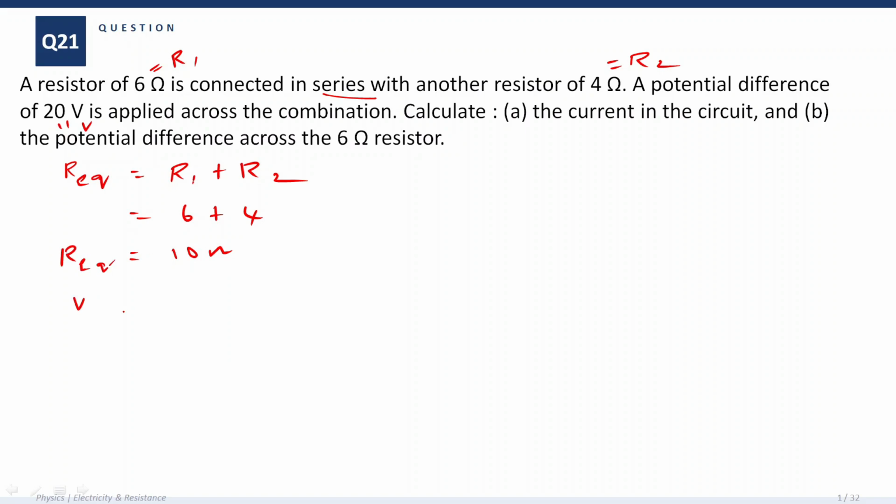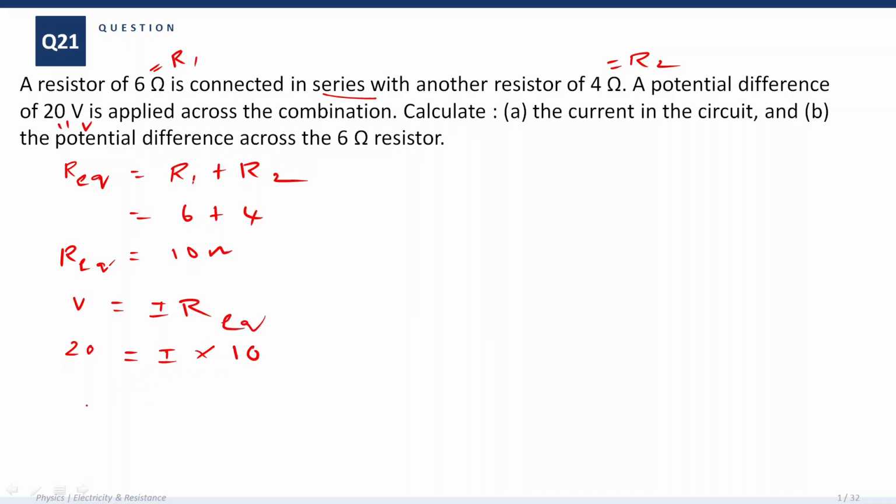Using Ohm's law, V equal to IR. Potential difference given 20 volt, and the current we don't know. Equivalent resistance we found 10 ohms.